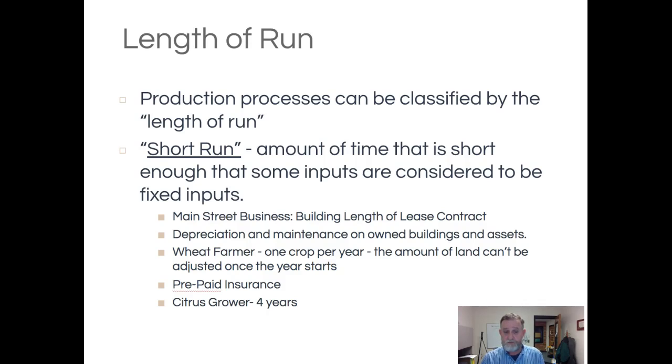Prepaid insurance is another one that we deal with in business all the time. You have to pay for it before you actually get to use it, and at that time it would be very much a fixed type of input. But at the end of that contract period, it becomes variable as we renegotiate those sorts of things.